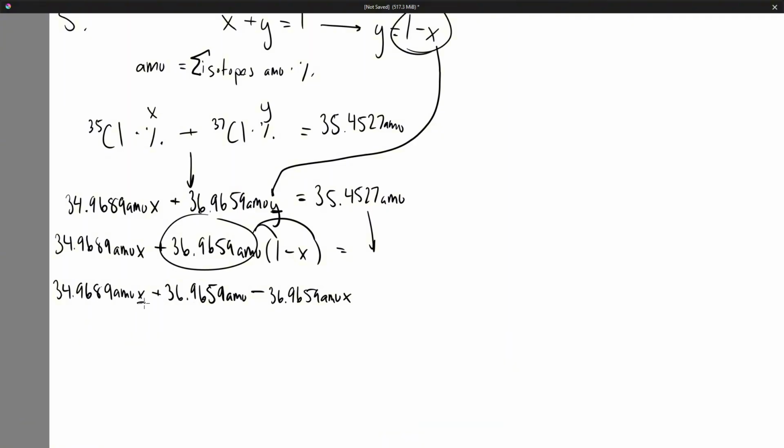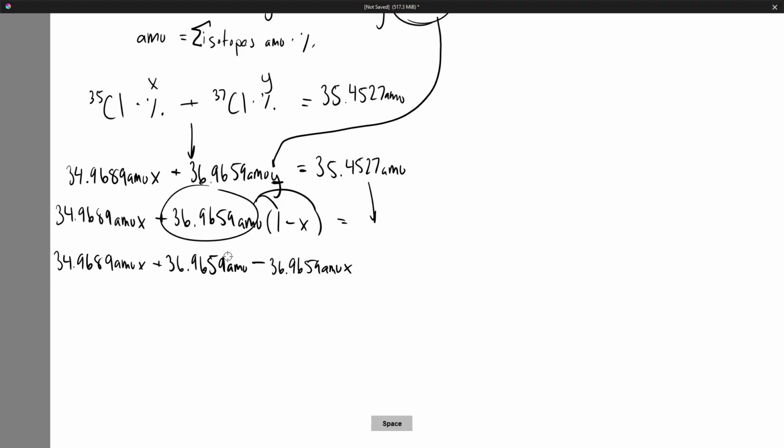Since these are like terms, they share the x variable, we subtract these two and leave this for now.